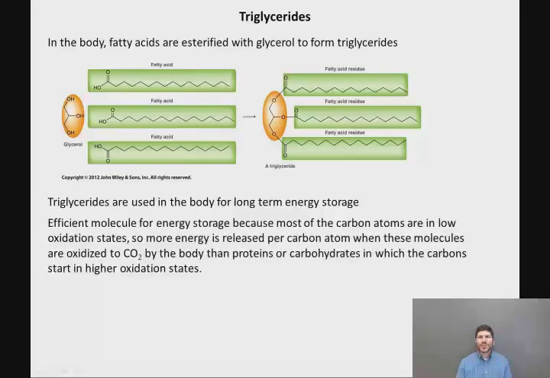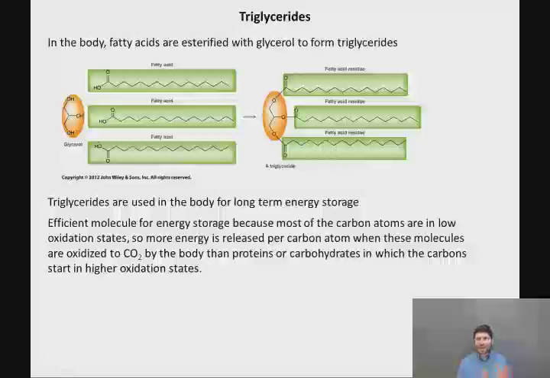And they are efficient molecules for energy storage because if you look at a fatty acid, most of the carbon atoms are in low oxidation states. They're -2, -3 in some cases. So more energy is actually released per carbon atom when these molecules are oxidized to carbon dioxide through metabolism than what is released from consuming the same amount of protein or carbohydrate.